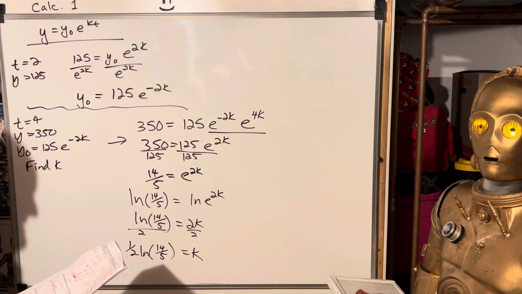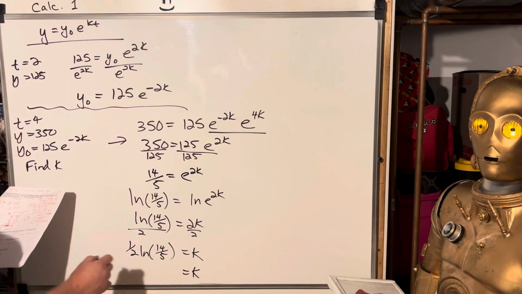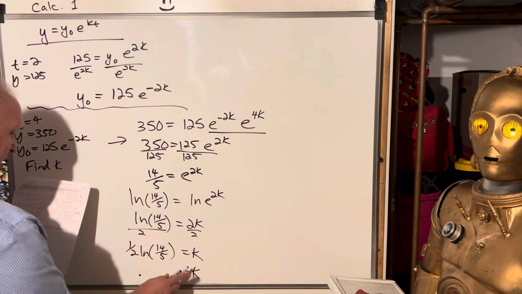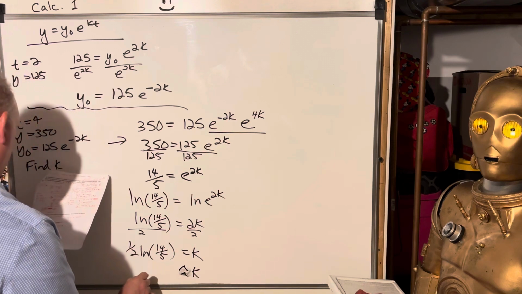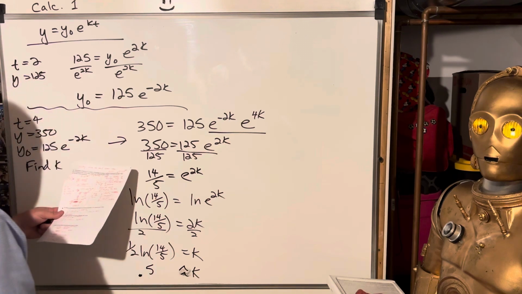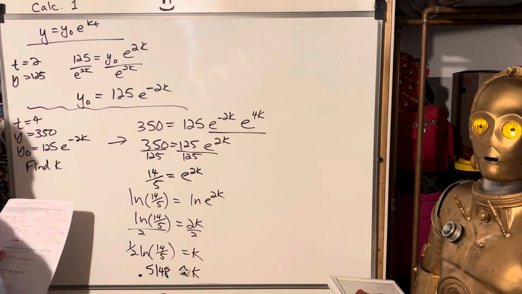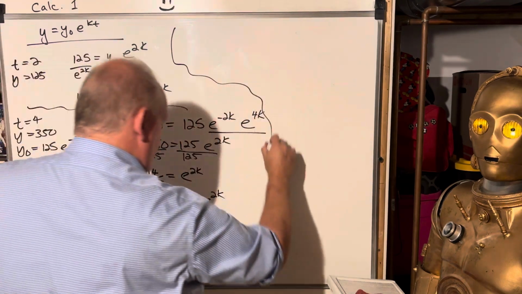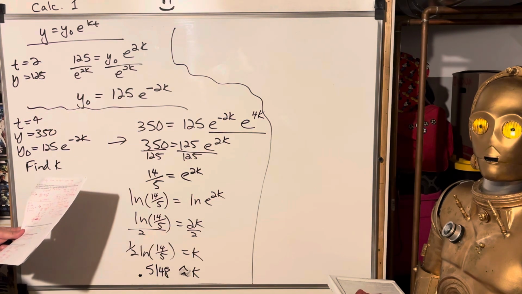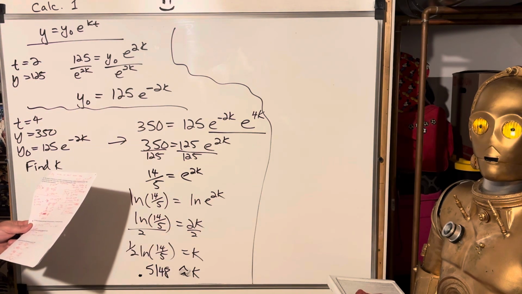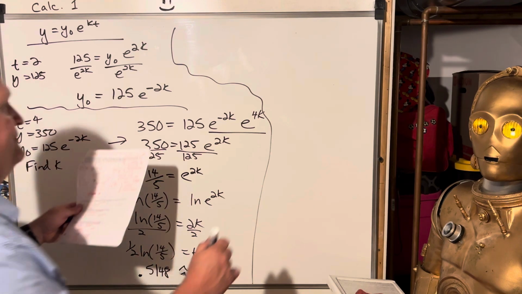So now we know what k is. K is approximately 0.5148. Now what we can do is take that and plug in k to find y naught.